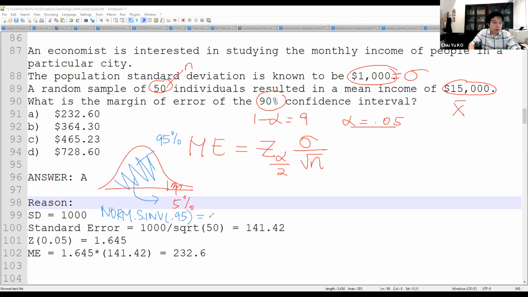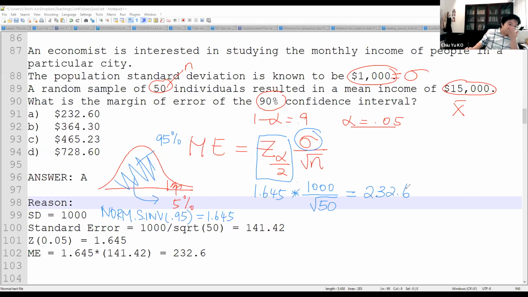That should give us 1.645. So this is 1.645, and sigma is known to be 1,000, and root n is root 50. So that should give you 232.6. Is that okay for this one?